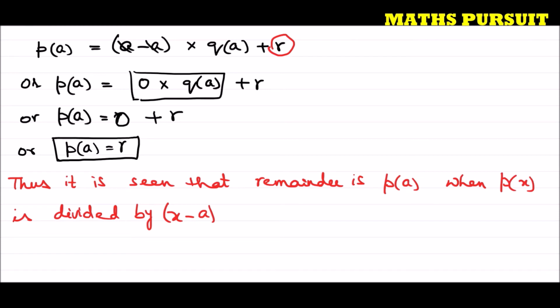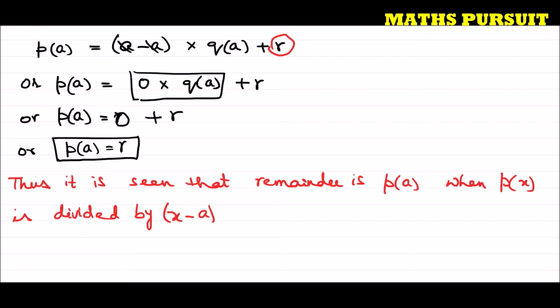Keeping that in mind, here we cannot keep any variable included with r, because the degree of the divisor is x to the power 1, so the degree of the remainder will be 0. So here we are left with only r. Hope, guys, you understood this, but still if you have any questions, please feel free to let me know.